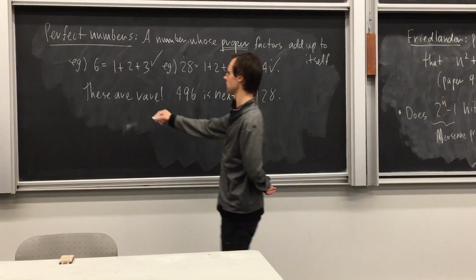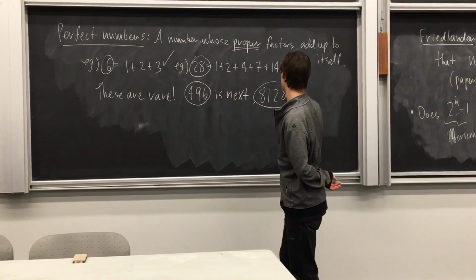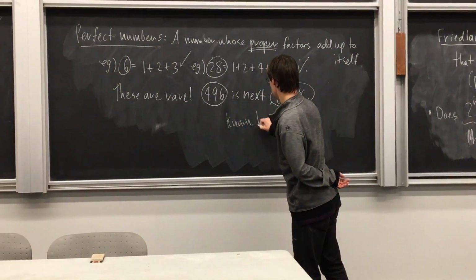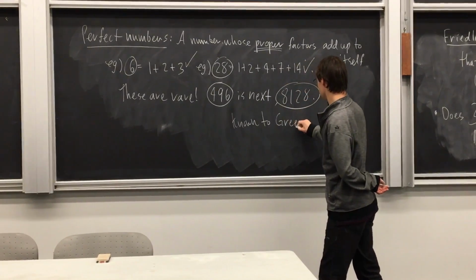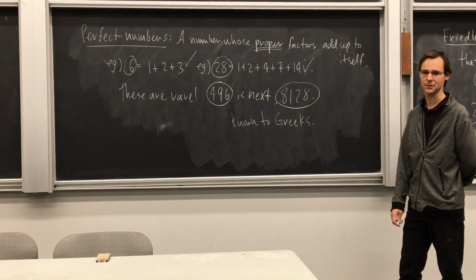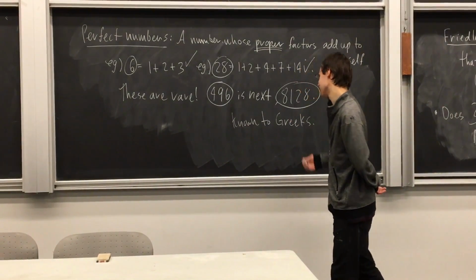These four were actually known to the Greeks: 6, 28, 496, and 8128. We have no idea how they knew them. Did they just choose numbers and experiment and see if the factors add up, all the way up to 10,000 almost? I don't know.